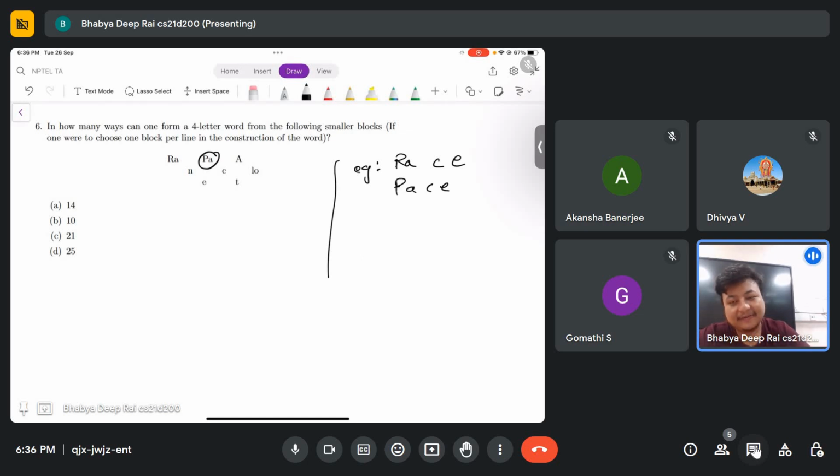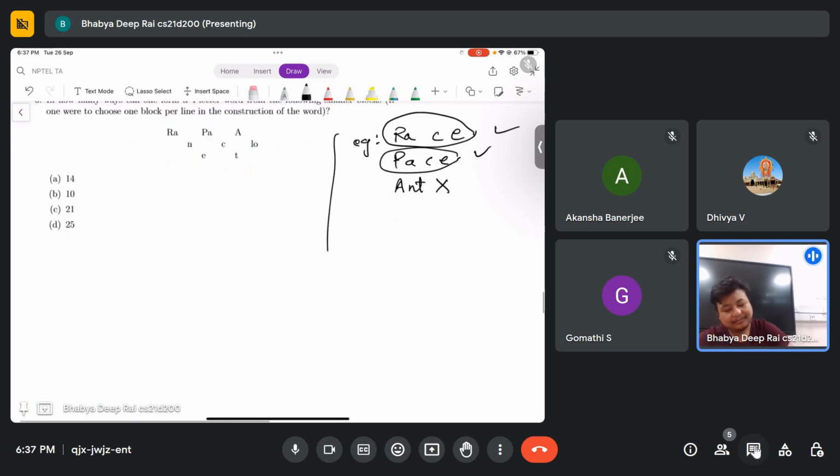I chose this from the first line. And similarly, A and D is another word. I chose this, this, and this. So the question is, how many 4-letter words from the following smaller blocks? So I should choose something like this, but not this.